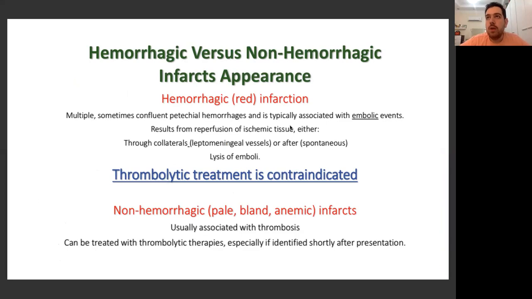That's why we are very worried about giving the right dose of TPA and about whether we give heparin or not, because these areas, including the blood vessels, are very weak, so they can rupture at any moment, and then we'll have a hemorrhagic transformation. We proceed from a non-hemorrhagic infarction, which is the pale one, into a hemorrhagic one. That's totally new. It's kind of like the patient developed a new stroke. Okay, thank you.